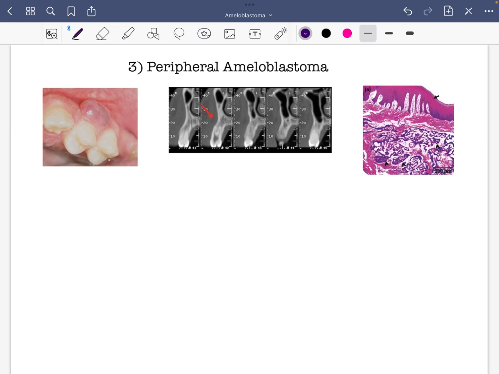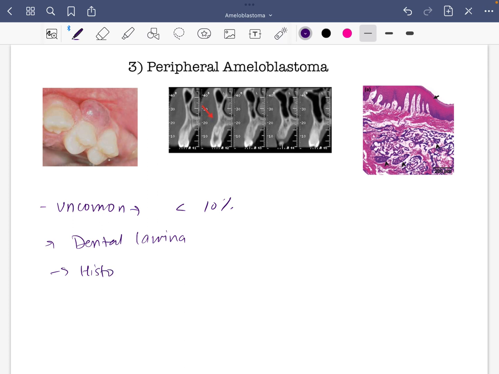Next is the peripheral type of ameloblastoma. Peripheral is very uncommon, less than 10% of all ameloblastoma cases. It arises from the dental lamina under your oral mucosa.